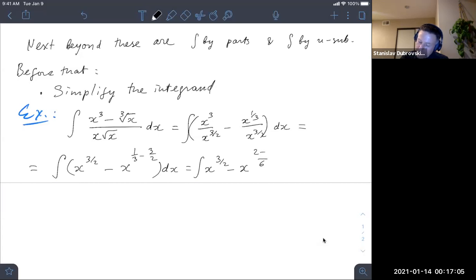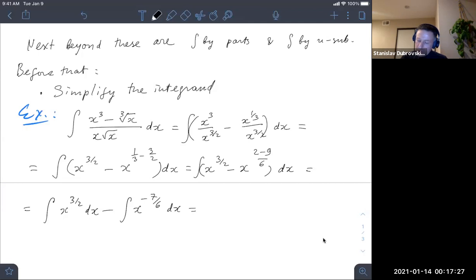You'll get 2 minus 9 over 6, dx. And then you can split it into the integral of x to the 3/2 dx minus the integral of x to the -7/6 dx. What are the antiderivatives?